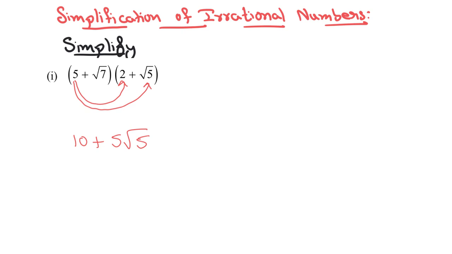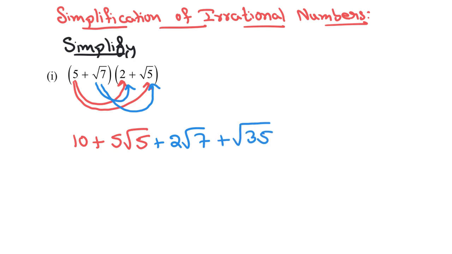Plus root 7 times 2 is plus 2 root 7. Got it? And plus times plus is obviously plus. Root 7 times root 5 is plus root 7 times 5, root 35.